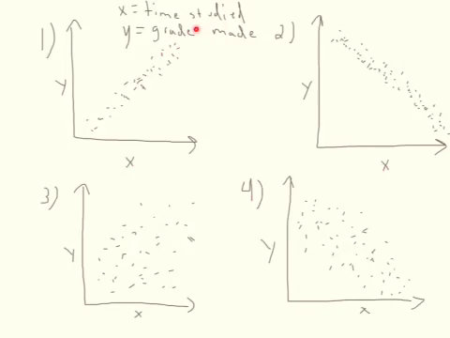The second scatter plot would have an r value closer to -1, and the correlation would be negative, and the data would be linear. Just for the sake of example, in the first one we have on the x-axis time studied for a test, and on the y-axis the grade made on the test. Logically, we think that those have a strong correlation, thus positing an r value close to or at 1.